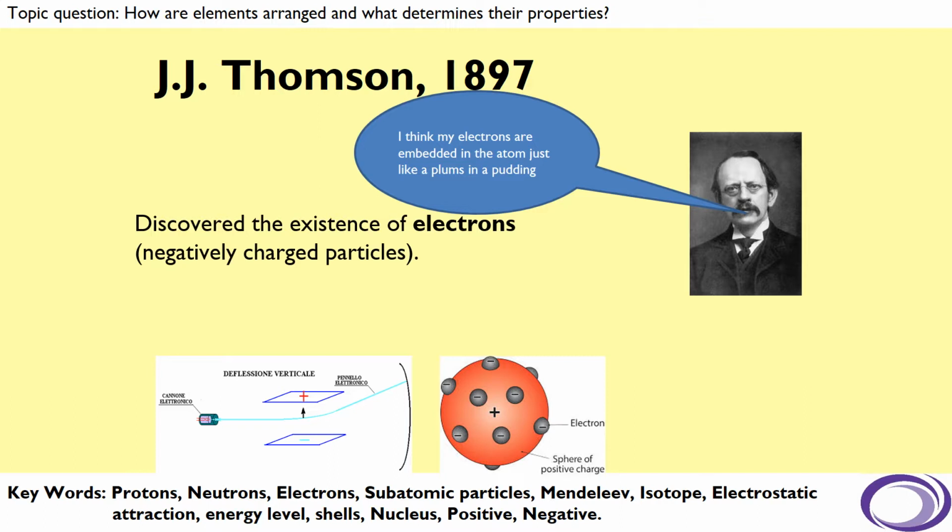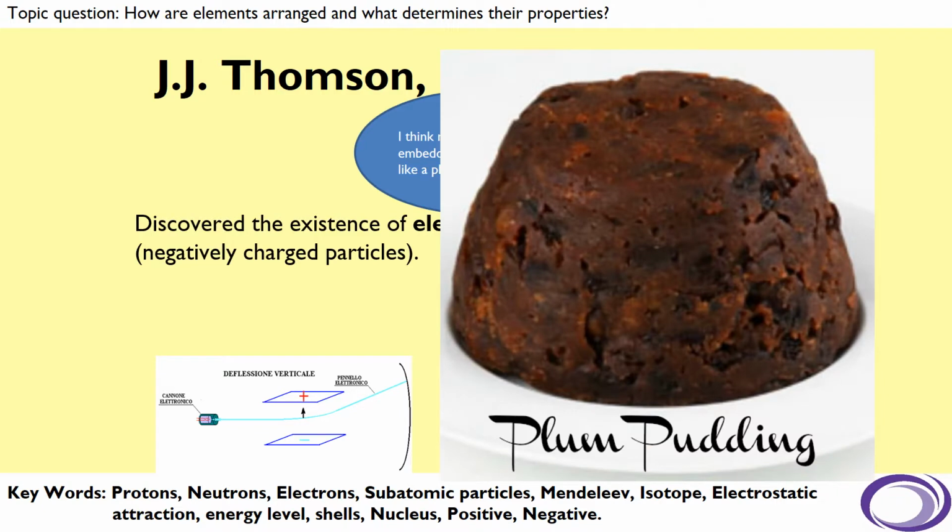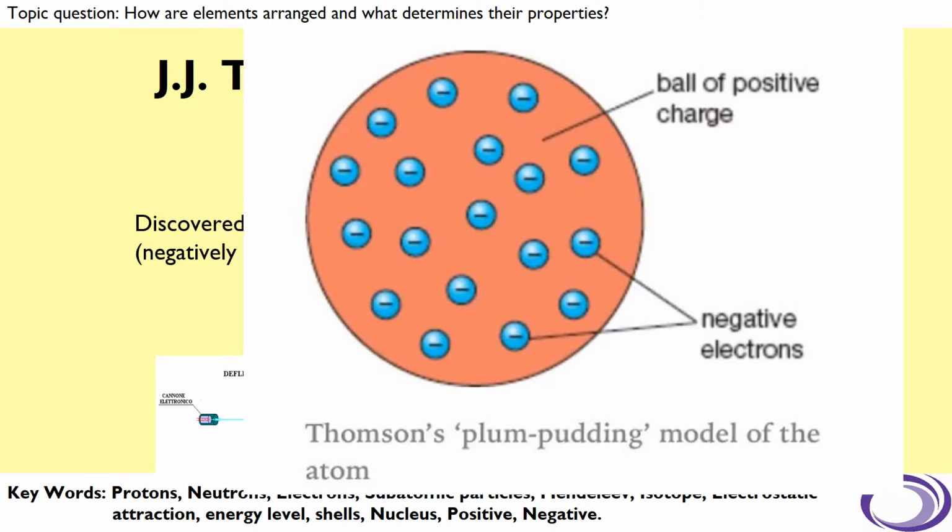He said it would be like the plums in a pudding. So essentially a little bit like these currants in this Christmas pudding, they would be the electrons in this case, and they are embedded throughout the atom. So here's a larger diagram for you to see that. Negative electrons embedded in a ball of positive charge.